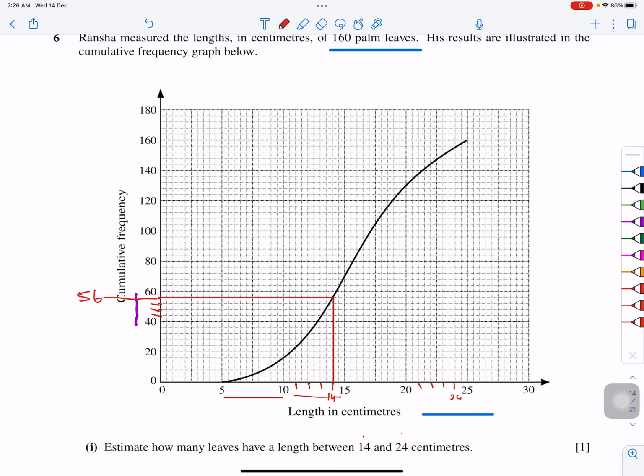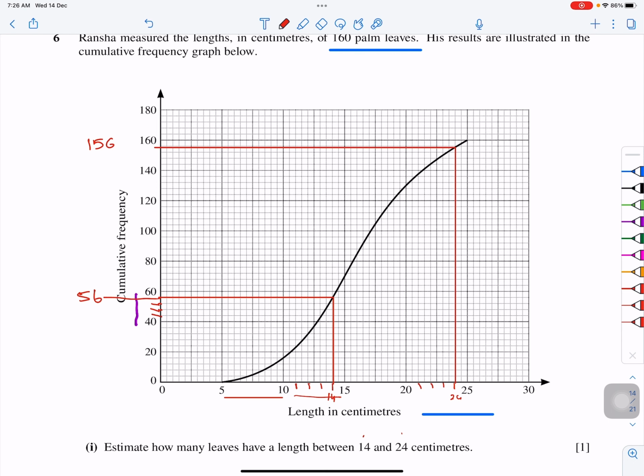Okay, so now we have to see at 24 also. So I am drawing the line at 24. And from here I will draw the line here. So again it is here. If this is 150, so this will be 156.